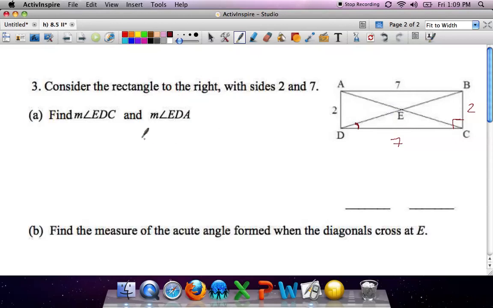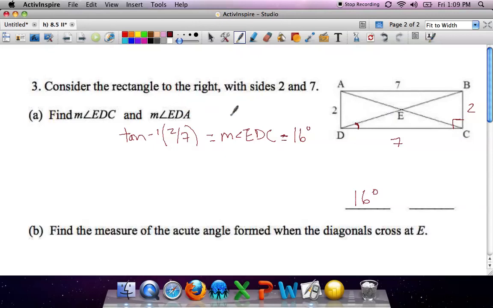So we would have tan -1 of 2 over 7, and that will give me the measure of angle EDC. And if we either calculate 2 over 7 and look it up on the table, or do tan -1 on the calculator, you should get approximately 16 degrees.